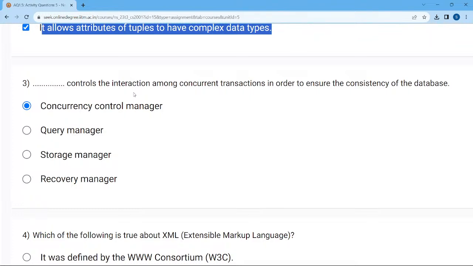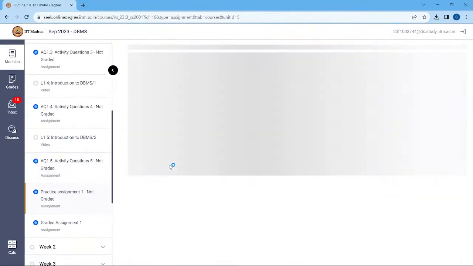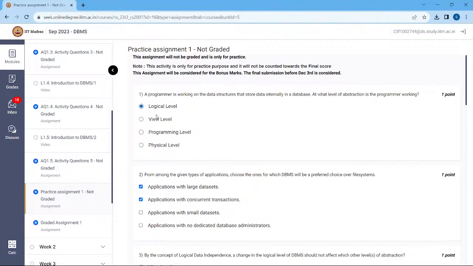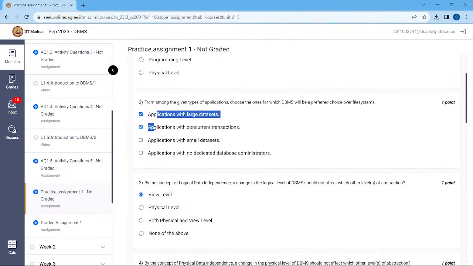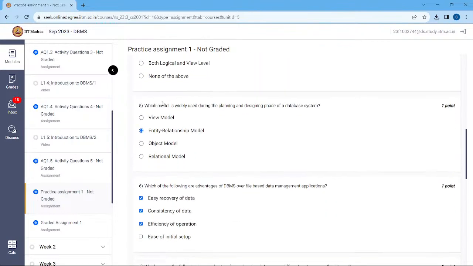Before we do this, let's not make a mistake here. Let me remove each and every one of these answers, because there is no PPT for this practice assignment. Let me remove all the answers here.